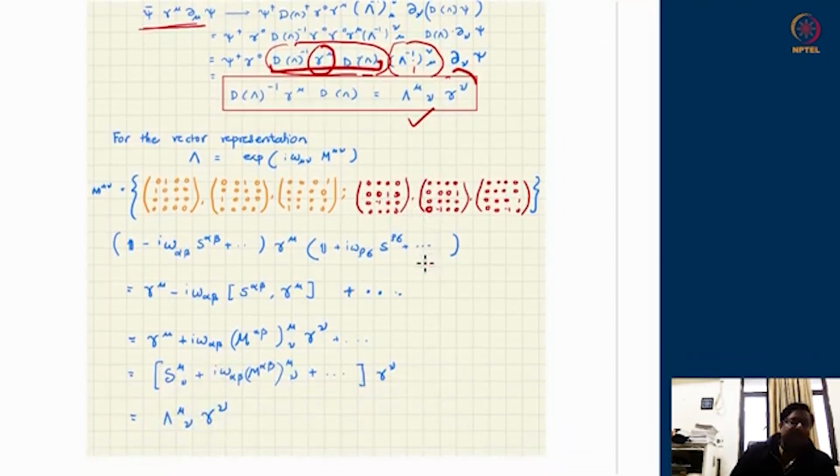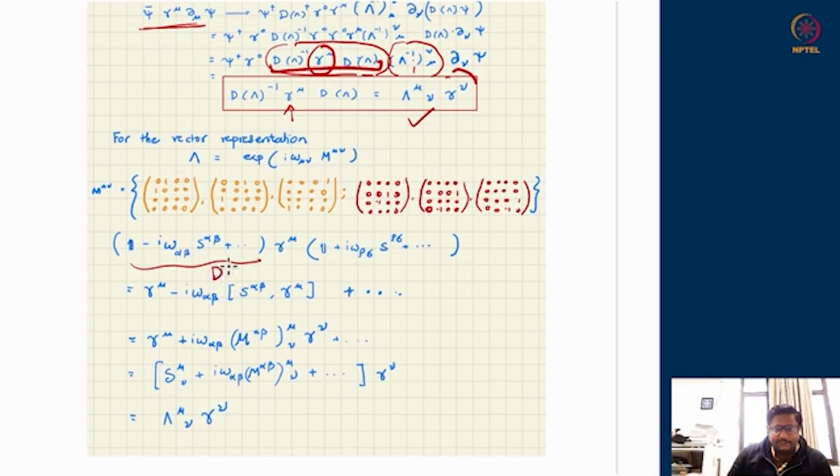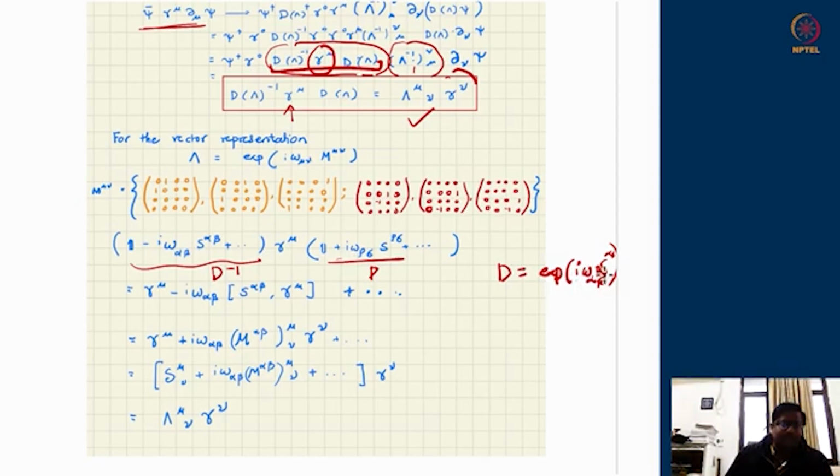In order to see whether this happens or not, we started doing the computation of the left hand side explicitly. I'm going to write D inverse this way and D as this. Why can I write that? Because you knew that D, the transformation matrix, can be written as an exponential of i omega alpha beta S alpha beta, depending upon whether S contains i or not.